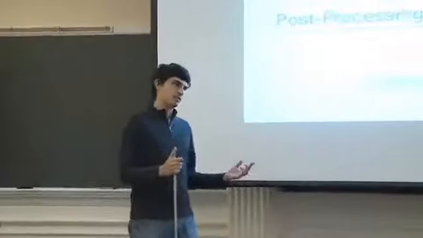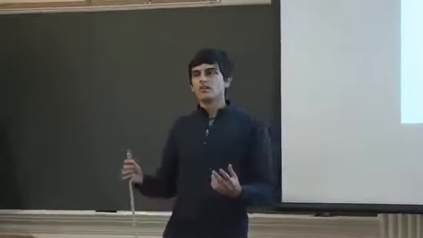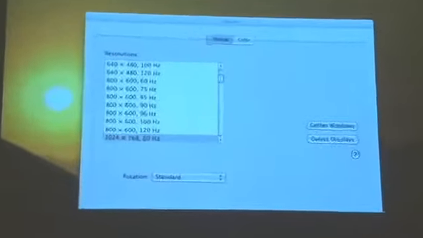So if all of the arguments before haven't convinced you to at least try using RAW, then hopefully this will, because I'm sure there have been times where you take a photo and its color just looks really off. It just looks horrible. If you took it in JPEG, it's really hard to correct, and really hard to correct well. In fact, it's almost impossible to do and retain the quality that you had originally. But doing it in RAW, it becomes very possible for us to do it quite well.